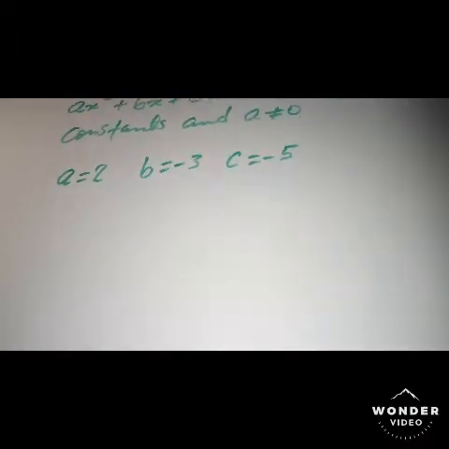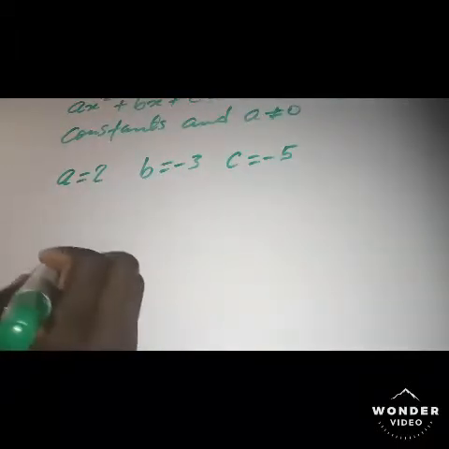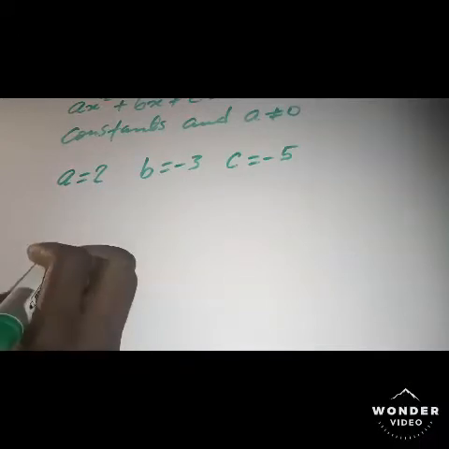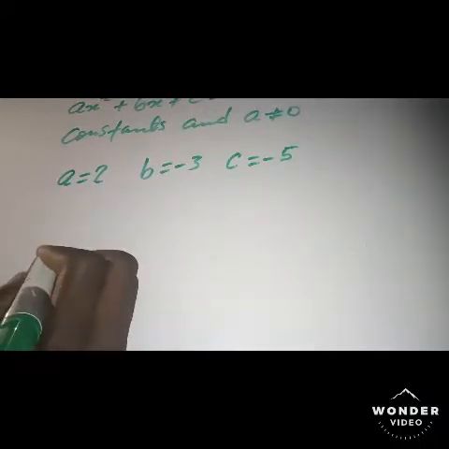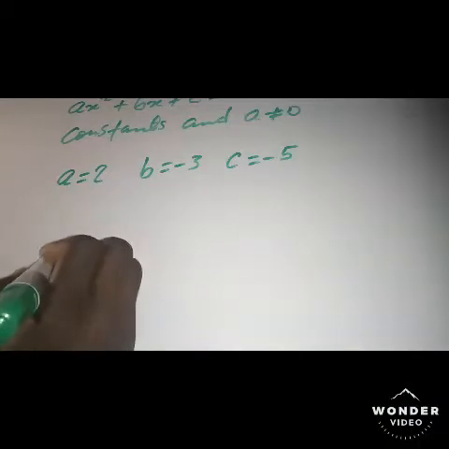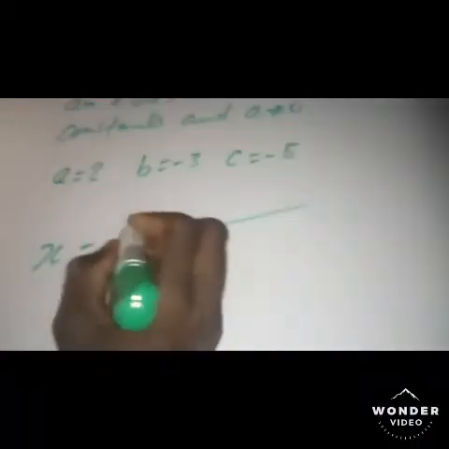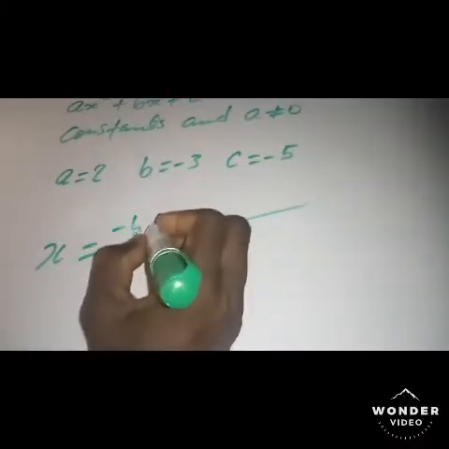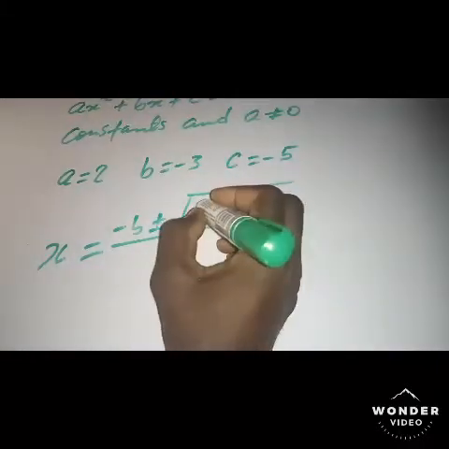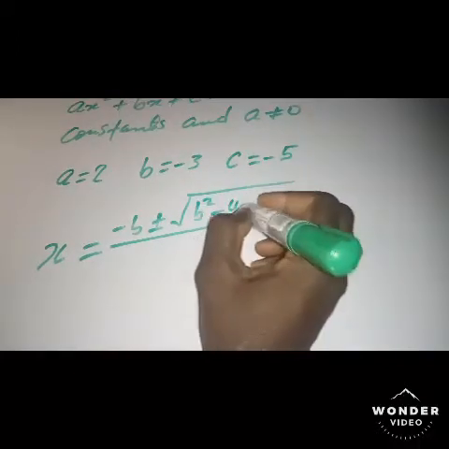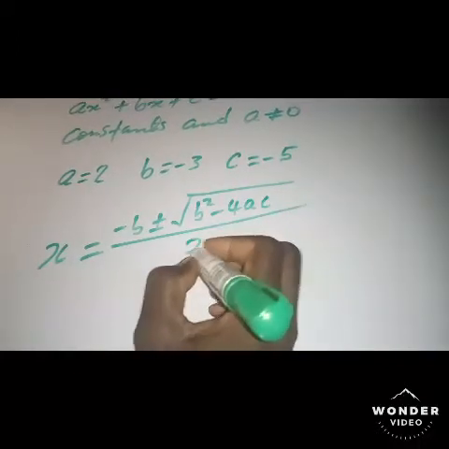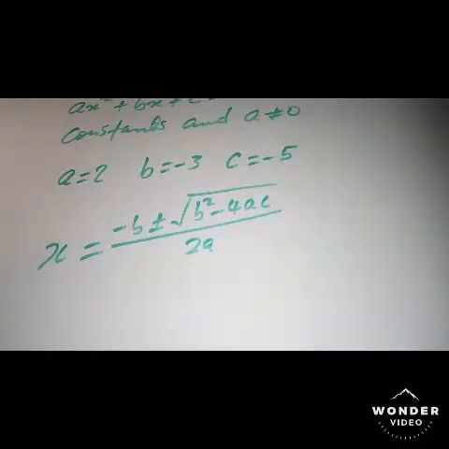So the next thing here is to substitute. The root of the equation 2x squared minus 3x minus 5 is defined by x equals minus b plus or minus the square root of b squared minus 4ac all over 2a, which is the general formula for quadratic equations.